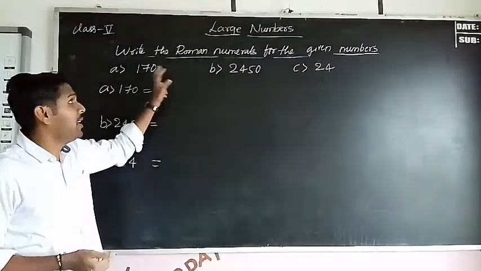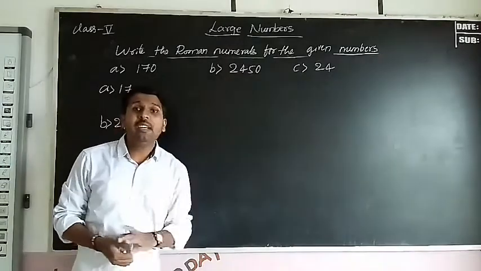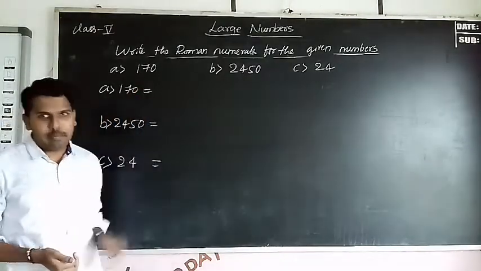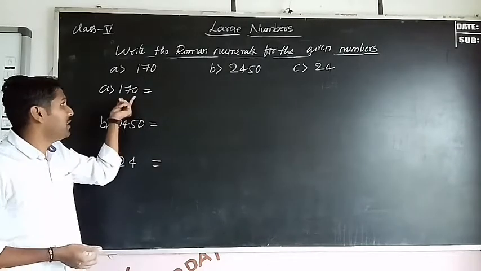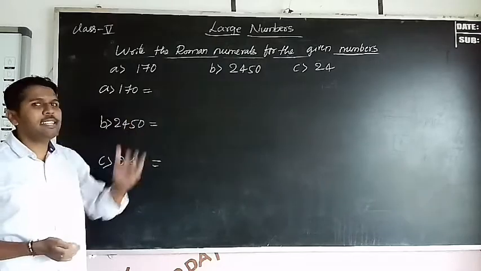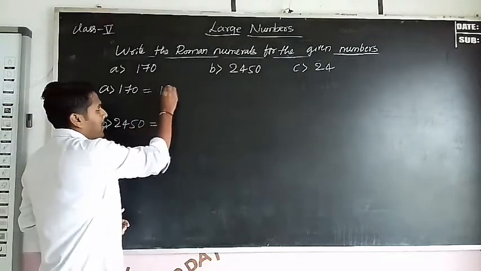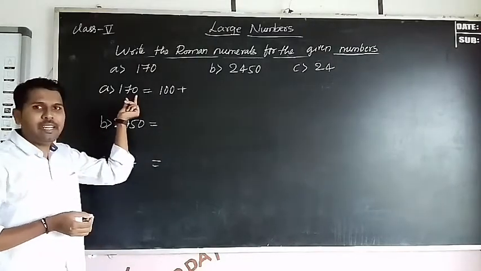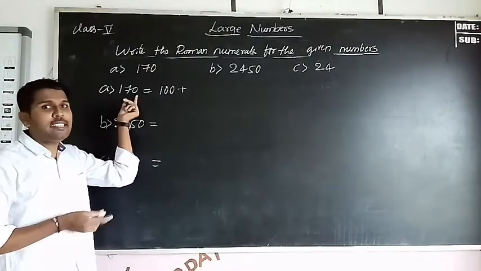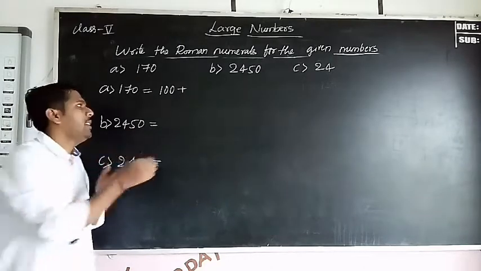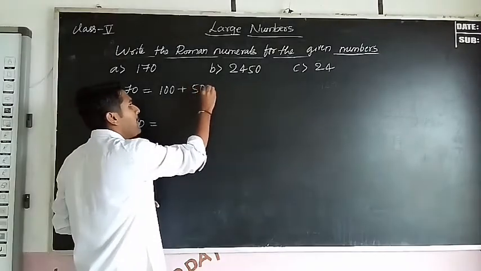So next, write the Roman numerals for the given numbers. So how to write a number in Roman numbers? So what is this number? First 170. So first take 100. We can write 100, no? Next, the remaining number is 70. So 70, we can take it as 50 plus 20, no? So 50.